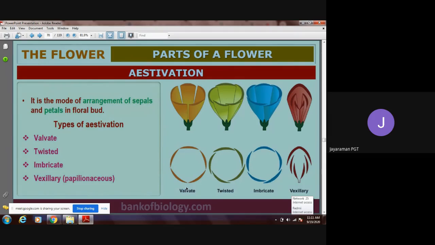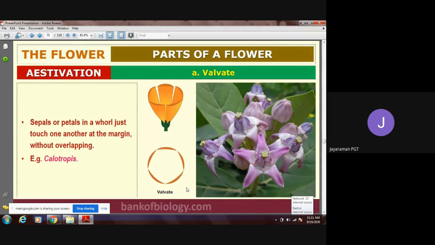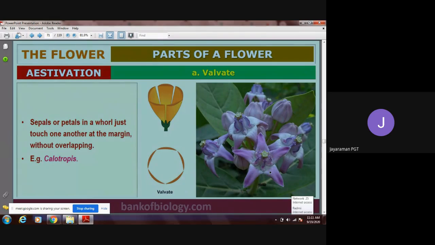First is the valvate distribution. Valvate distribution can be found in chili, tomato and calotropis. In the flower there are 5 petals. They do not overlap. You see the junction, the joining place of each petal. They simply touch each other at the margin.